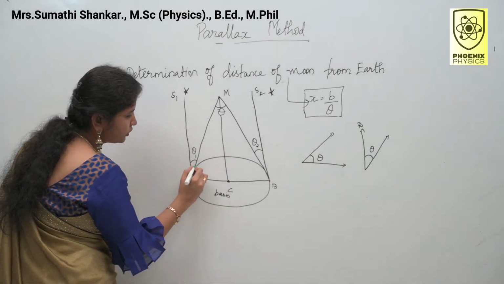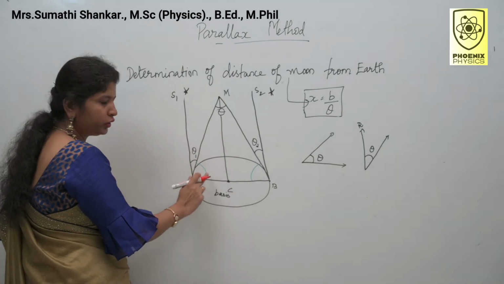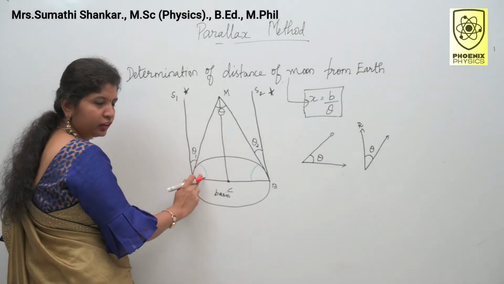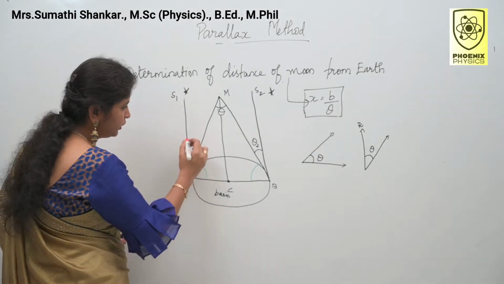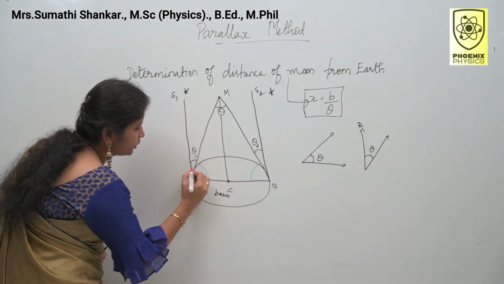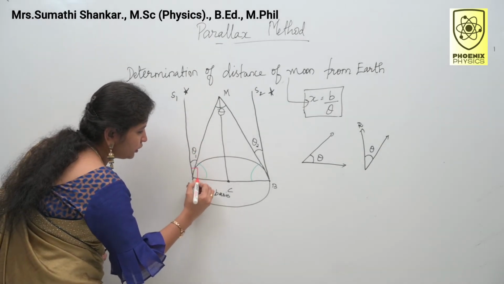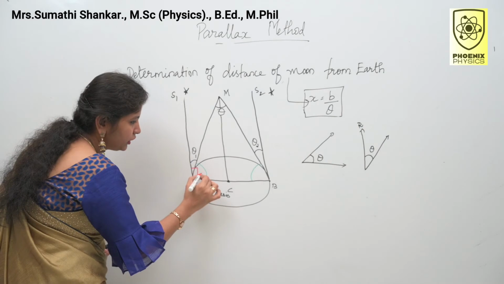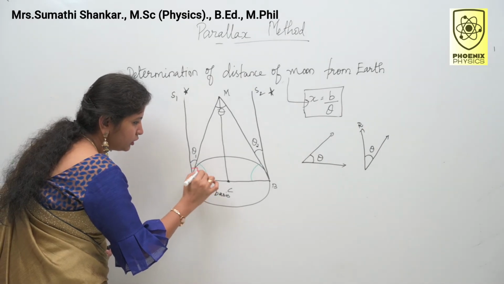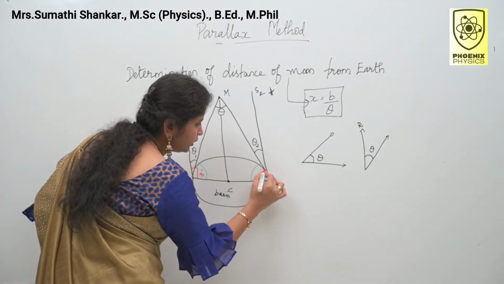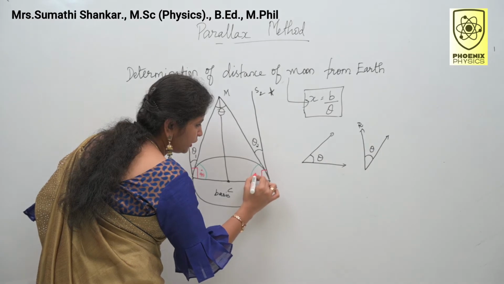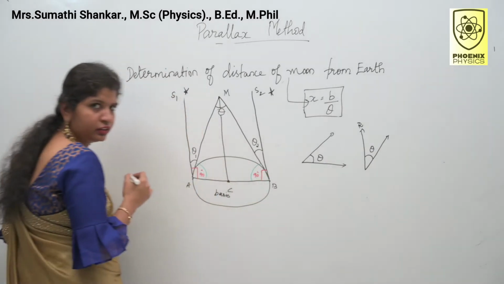What about this angle? I am going to find out this angle. This is nothing but a right angle triangle, that is 90 degrees. Same way here this is 90 degrees, right?